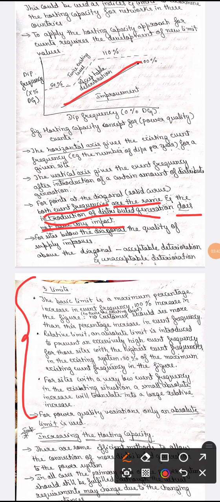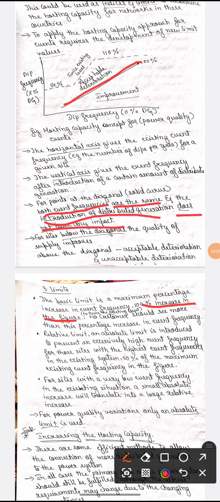One basic limit is, for example, 50 frequency will be there. The basic limit is the maximum percentage increase in event frequency, 100% increase in the figure. So no more than twice the existing level.